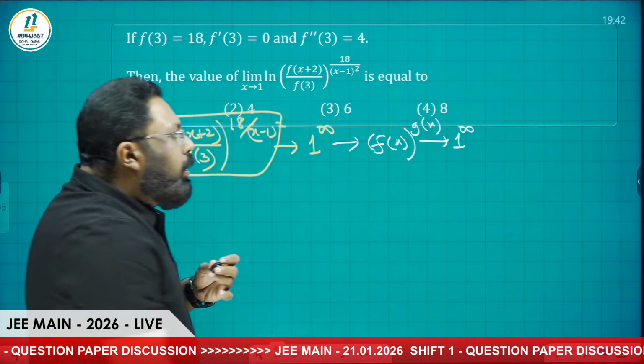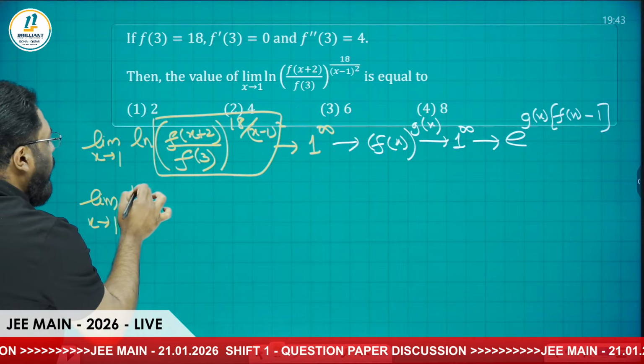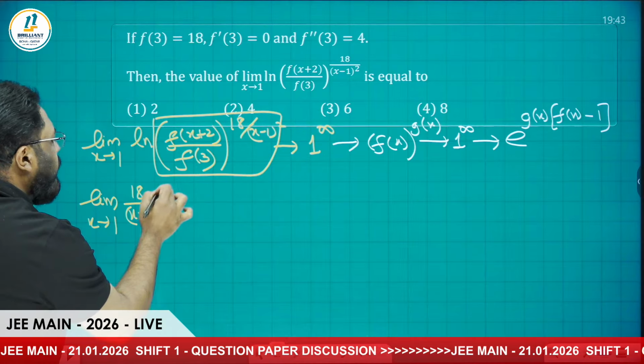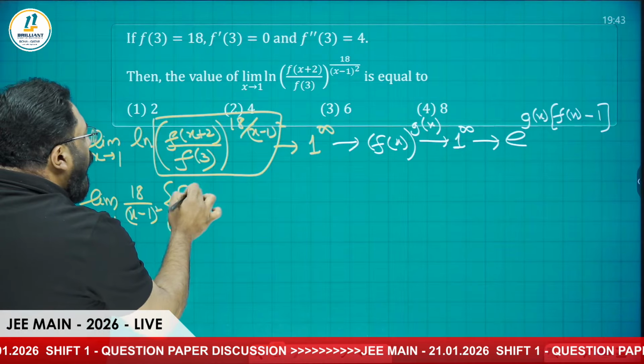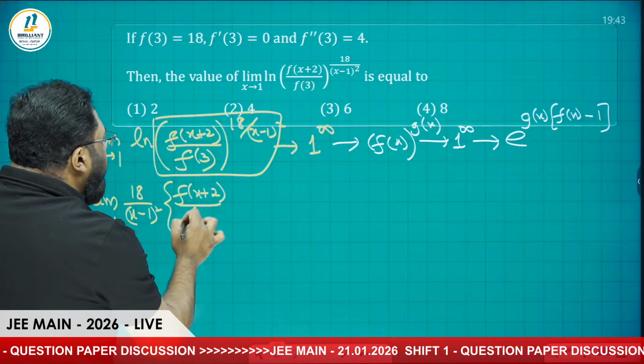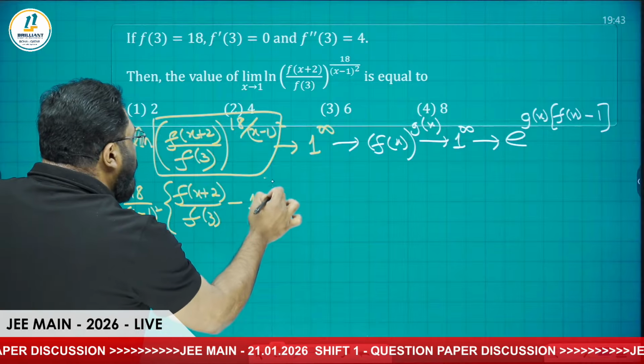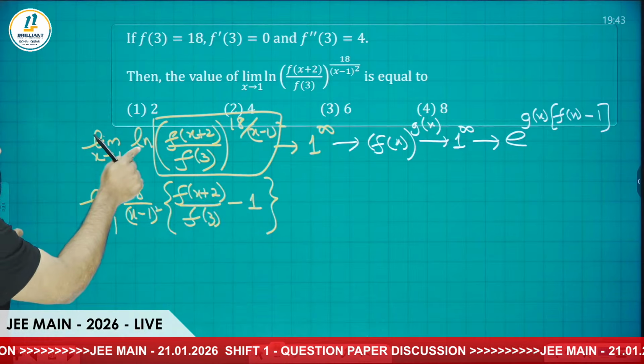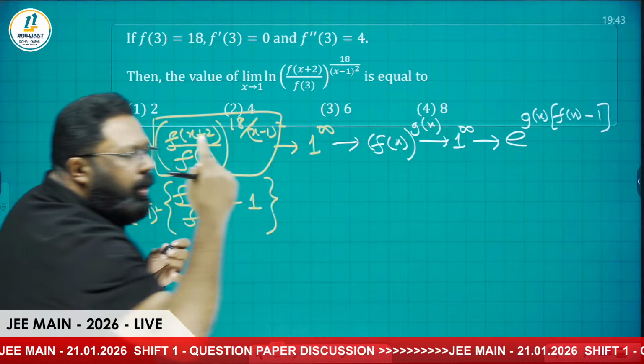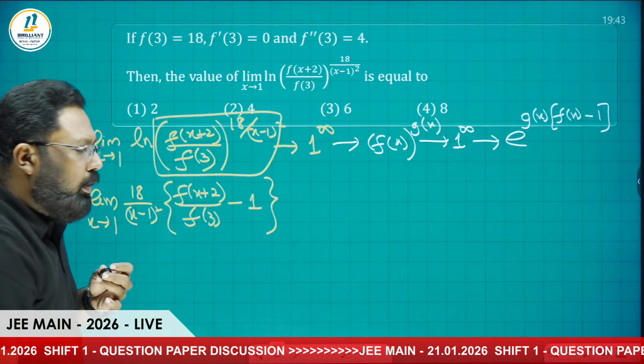But when you apply this, you can see log and e are inverse of each other, so it will cancel off. So your limit is simply limit of x tends to 1 of 18 by (x minus 1) the whole squared into (f of x plus 2 divided by f of 3 minus 1). Log is there; that is why e will not come in the answer. They are inverse of each other.